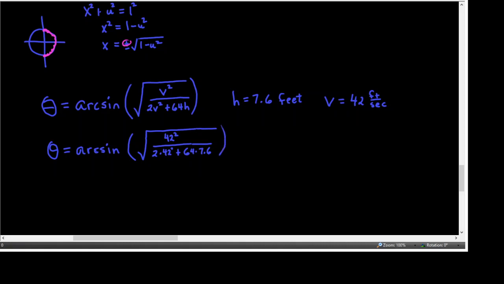Okay, so that's now calculator ready. Type that into your calculator and see what you get. By the way, I'm going to say that you should be in degree mode for this one. Okay, so go for degree mode. You should get 41.520 degrees. All right.